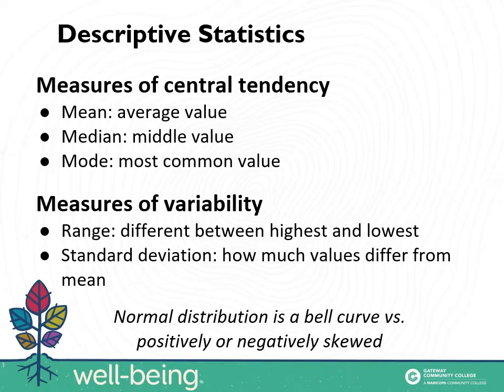And if data is positively or negatively skewed, that means most of the data is towards one end or the other of the graph, of the range. And so measures of variability, the difference between the highest and lowest values, is called the range. And then how much the values differ from the mean or the center, the average, is called the standard deviation.